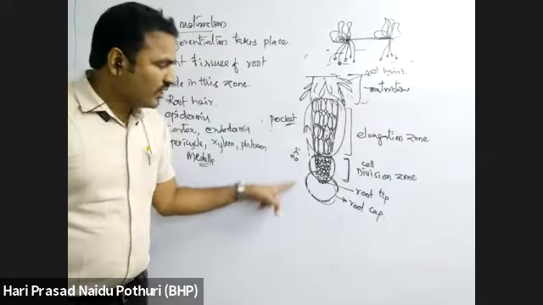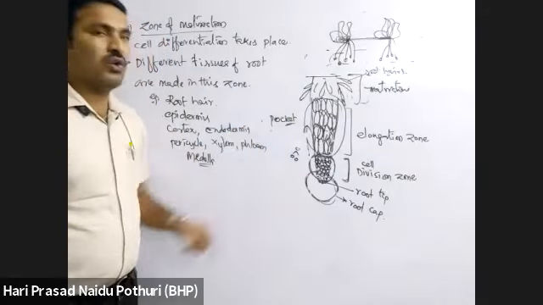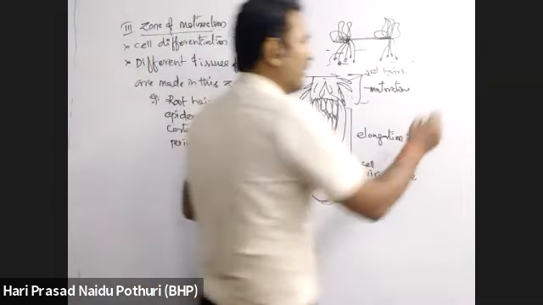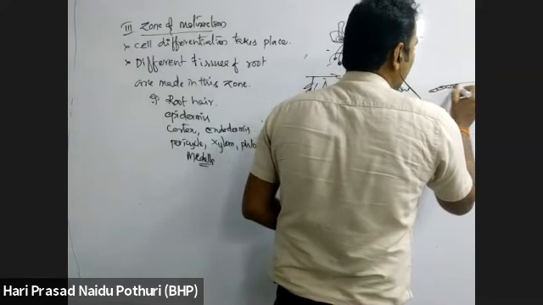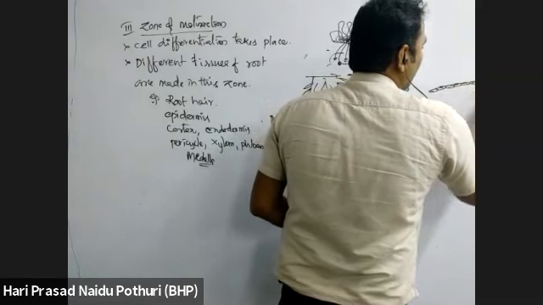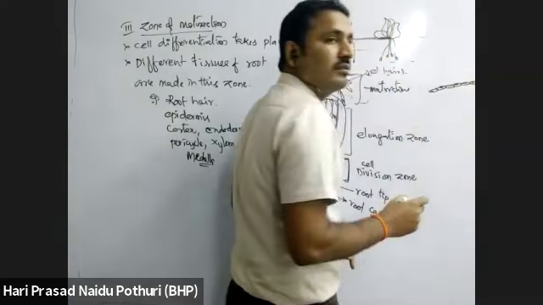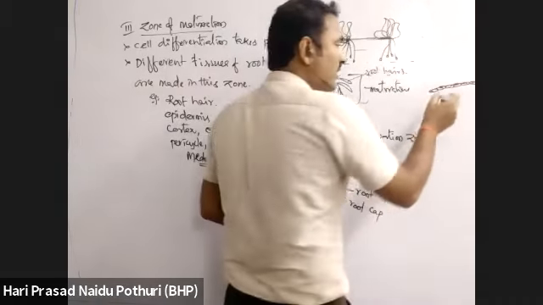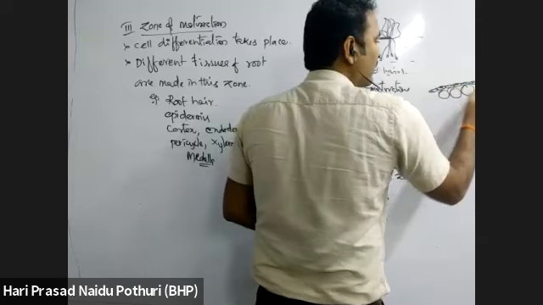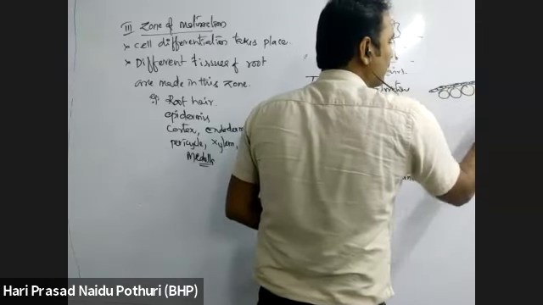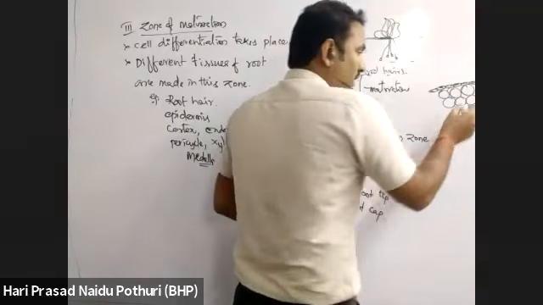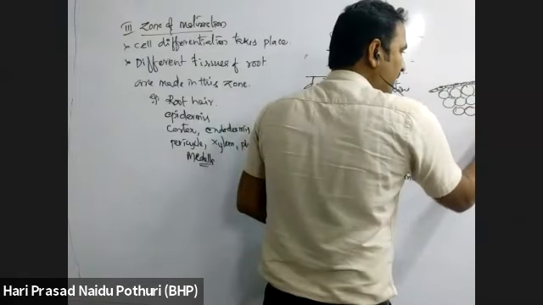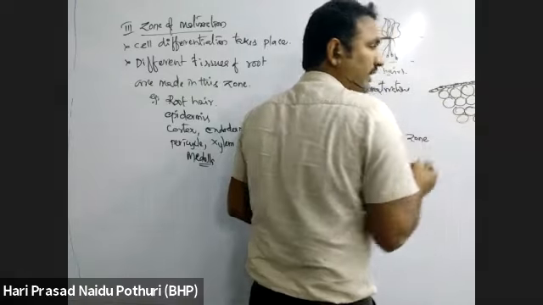So in these different zones, if we see root anatomy, first there is the epidermal tissue system, the epidermis. Below that epidermis, there is the cortex. Cortex is multi-layered. In anatomy, we will see these structures in detail.